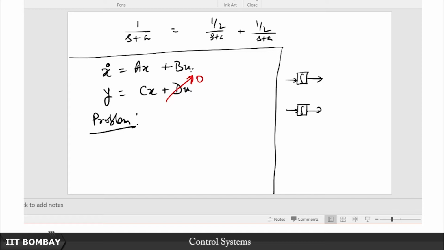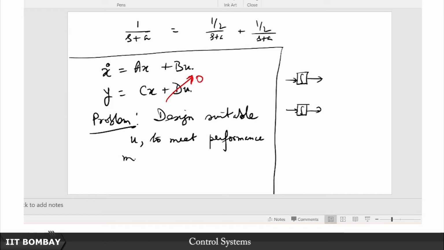So the task is to design a suitable u to meet performance metrics and also to stabilize if needed.